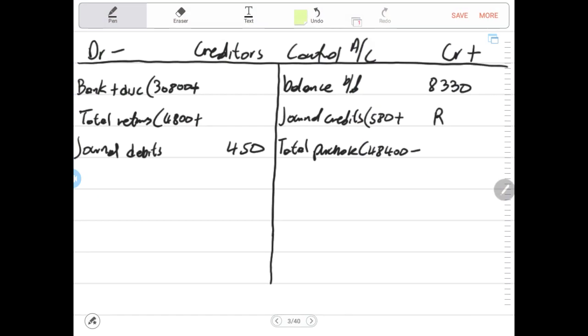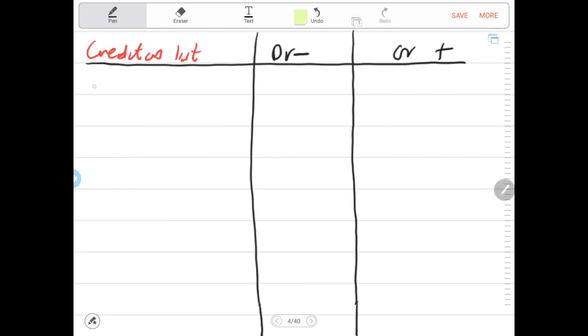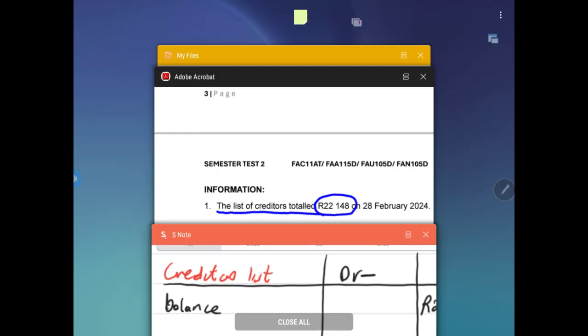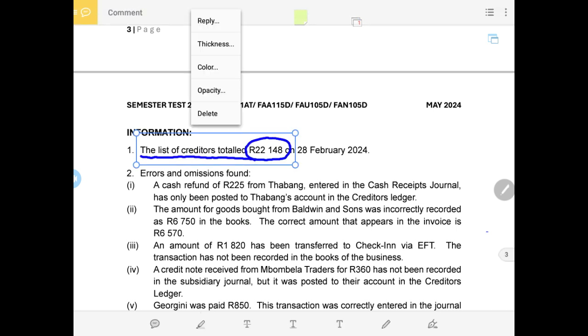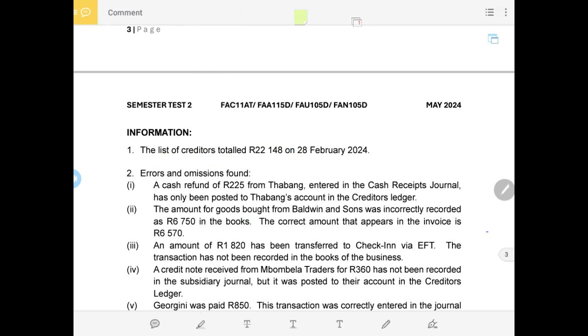Therefore, now that means under our list of creditors, we have a balance. Remember, creditors are liabilities. So the balance will be on the credit side, 22,148 rands on the credit side, because liabilities increase on the credit side. So the opening balance of a liability will always be on the credit side, not on the debit side.